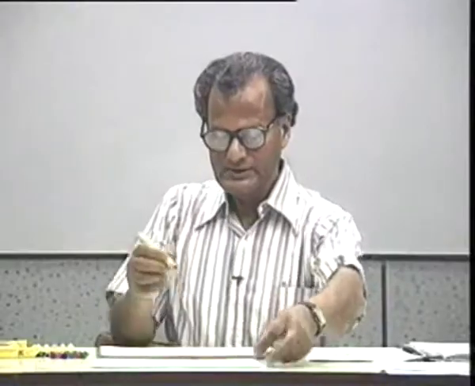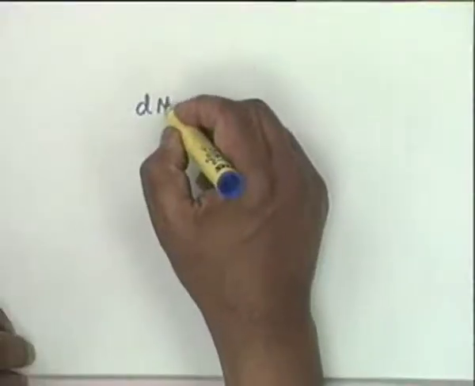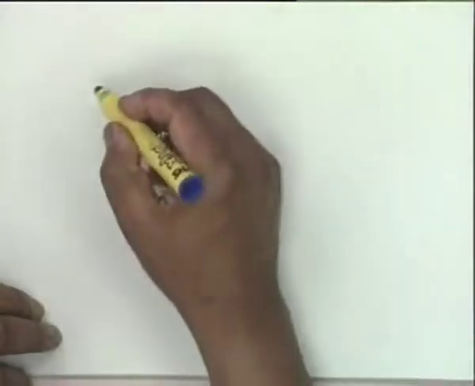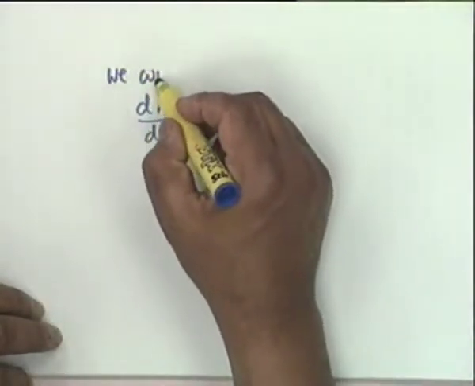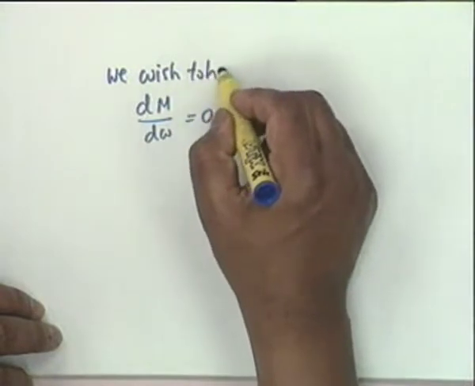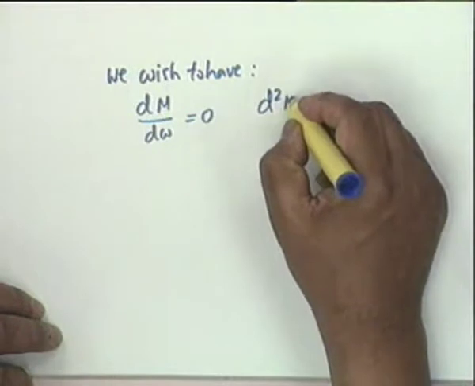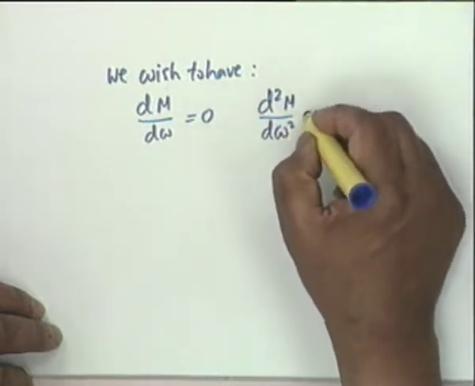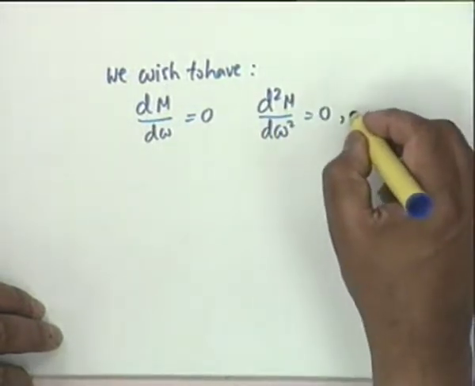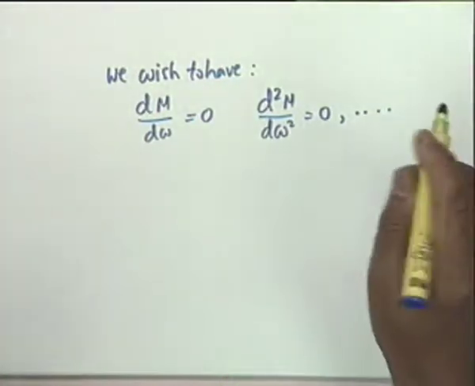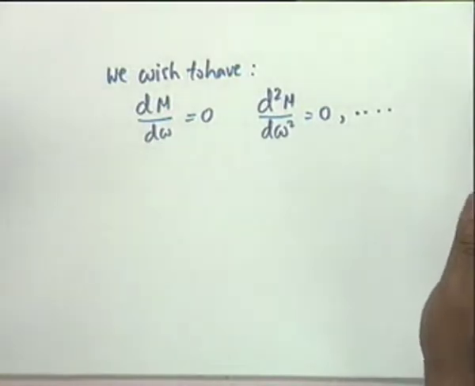If I want maximally flat, I want dM/d omega equal to 0. We wish the next differential coefficient also equal to 0, and if possible the third, fourth and so on. As many as possible.